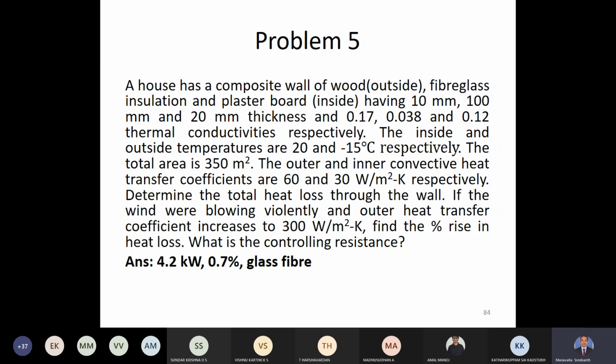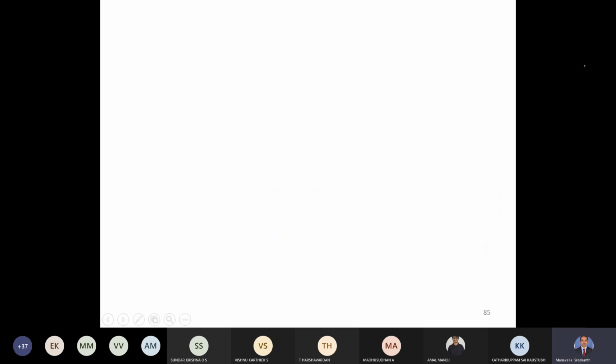Again, to solve this problem, it's always better to have a schematic diagram. So we have 10 millimeters, 100 millimeters, and 20 millimeters thick layers. First, let me draw that.